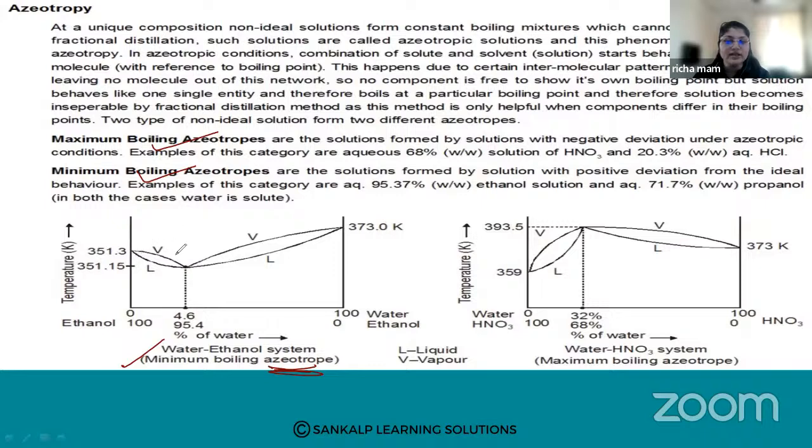You can see the deviation is large. These minimum boiling solutions show positive deviation from Raoult's law, and thus they form minimum boiling azeotrope at a specific temperature.